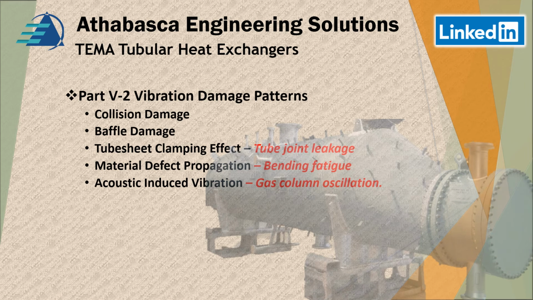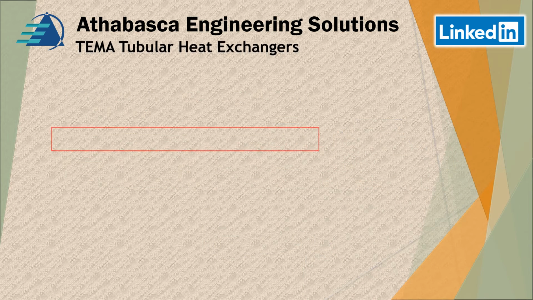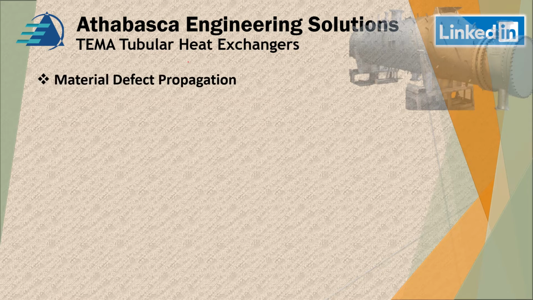Now we're going to look at material defect propagation and dive into bending fatigue. With material defect propagation, if flaws in a material increase, that can create an increase in corrosion and erosion.